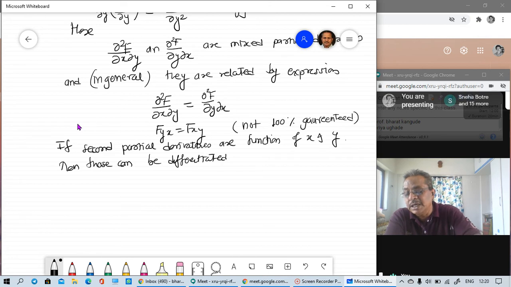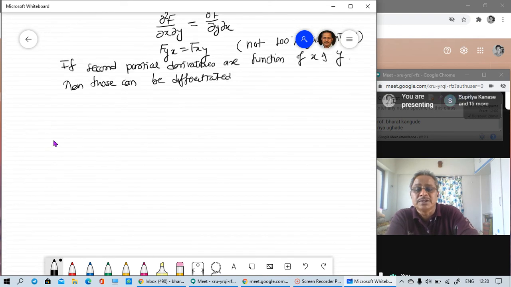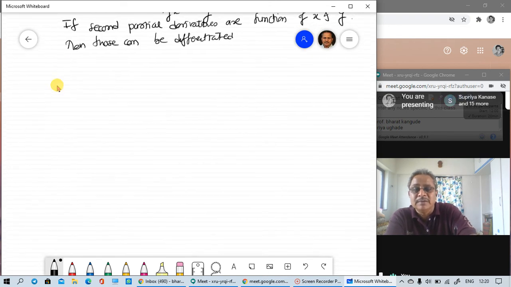Those also can be differentiated. Okay, now our equations 1, 2, 3, 4, they can be further differentiated.